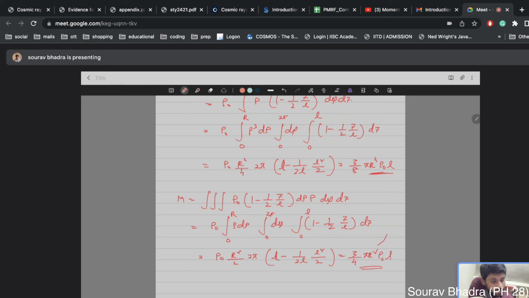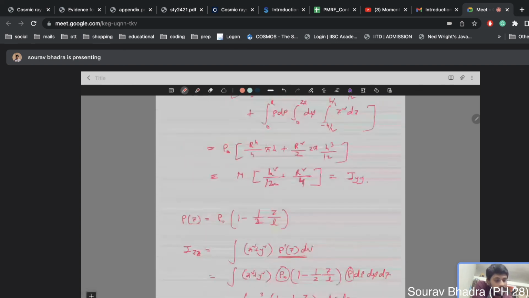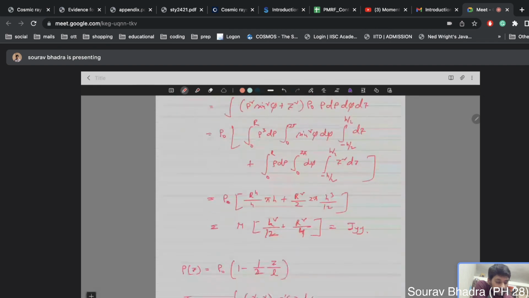So now we will put this into this result, which will give you half m r square. So you are getting Izz equals half m r square, where m is the mass of the cylindrical body, and r is the radius of the flat surfaces, the top and bottom flat surface, and m is the mass, as I told.